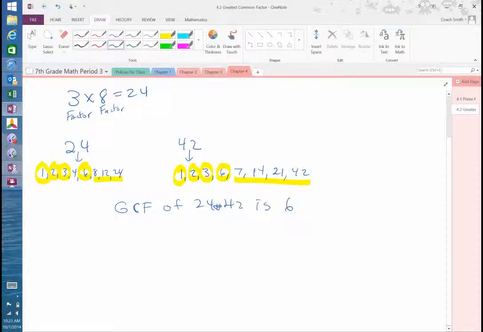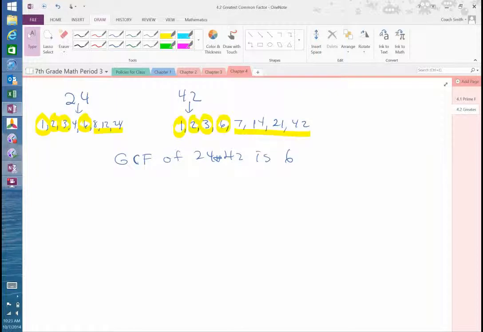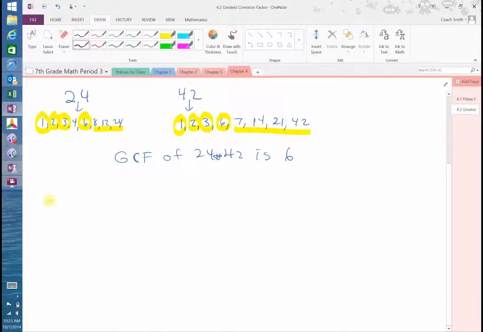Now obviously, we've got to find an easier way to do that because we're going to run into some larger numbers, and so we've got to have a shortcut. The shortcut is the same thing that we sort of talked about yesterday when we talked about our prime factorization.